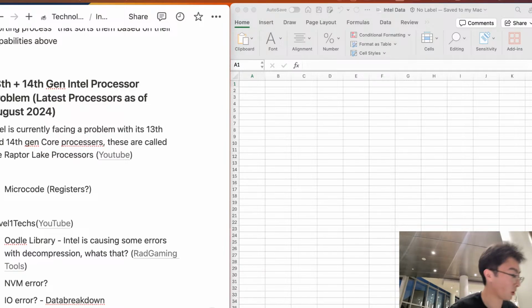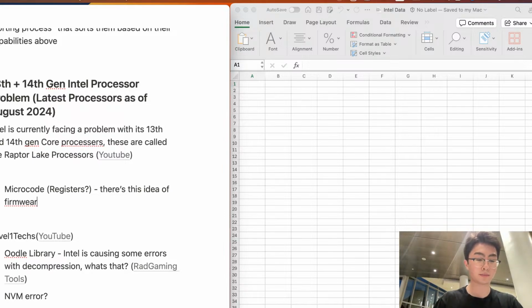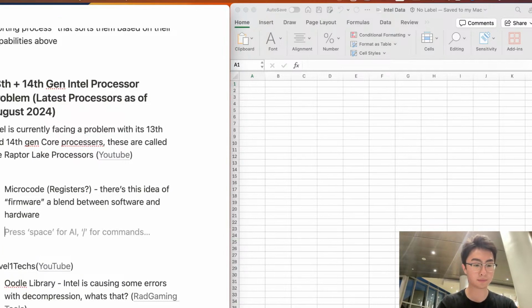Okay, so firmware. So I guess there's this idea of firmware, a blend between software and hardware.